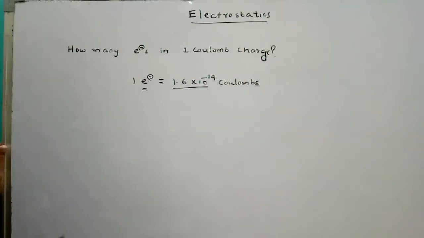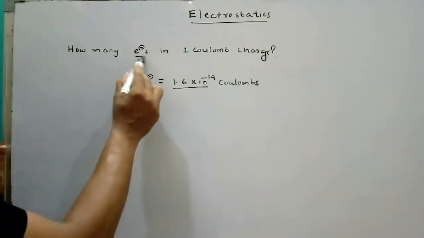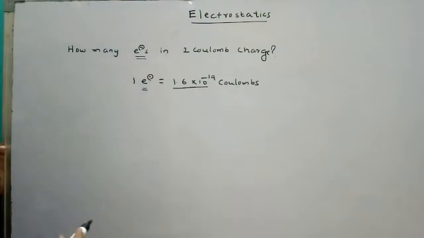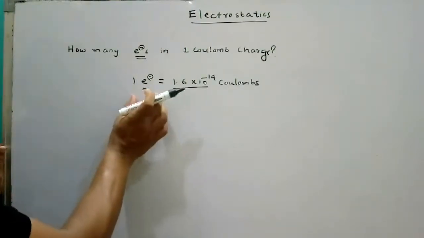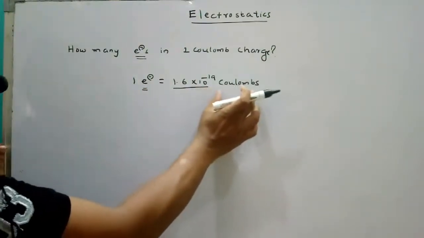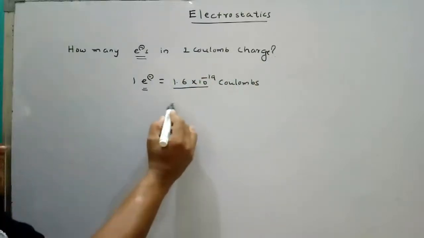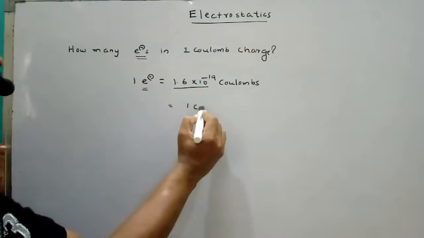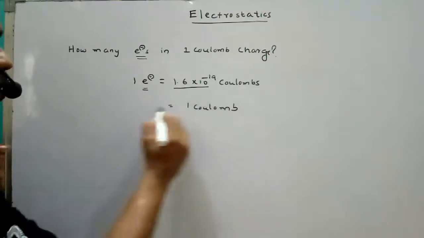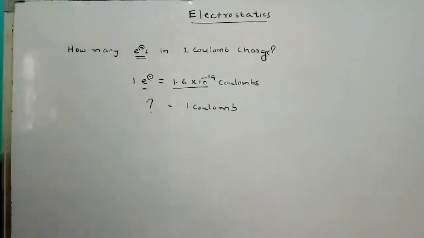So what we have to calculate here is how many electrons are there in 1 coulomb charge. So 1 electron is equal to 1.6 into 10 power minus 19 coulombs. Here 1 coulomb, how many electrons are there?